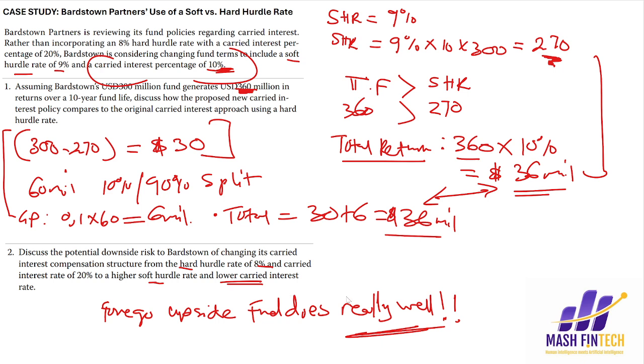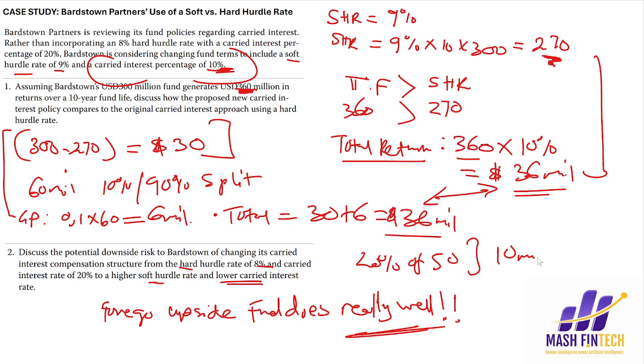For instance, let's say there's an additional 50 million in profit. If the percentage is 20%, for every 50 million that you get, you are going to get a carried interest of 20% of 50 million. Okay, and then 20% of 50, let me just quickly do this, which is 10.